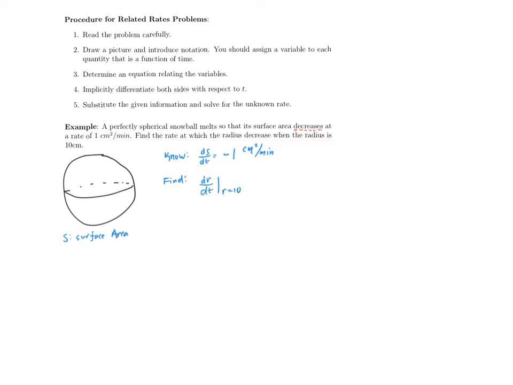Now, in order to proceed with this problem, we need an equation relating the variables. That is, what is a way to represent the surface area of a sphere with respect to the radius? I'm going to do a few calculations to the side to maybe help us out here.